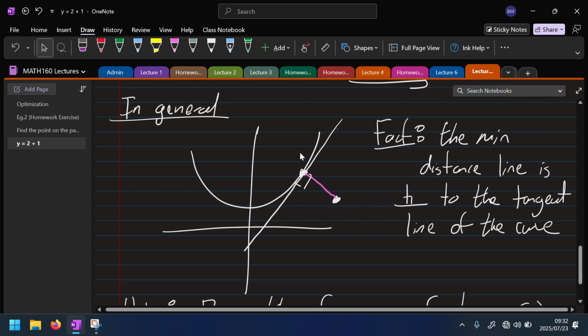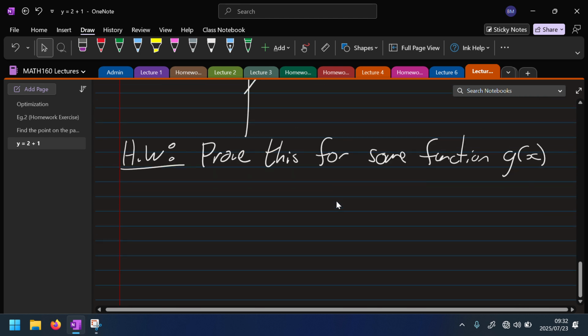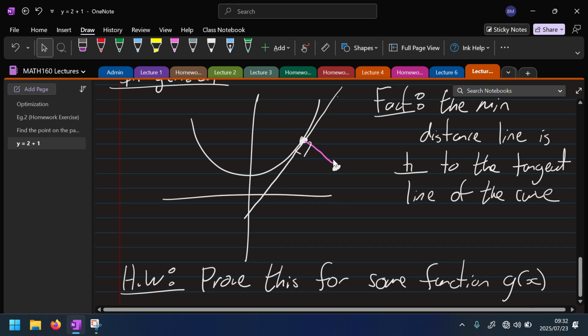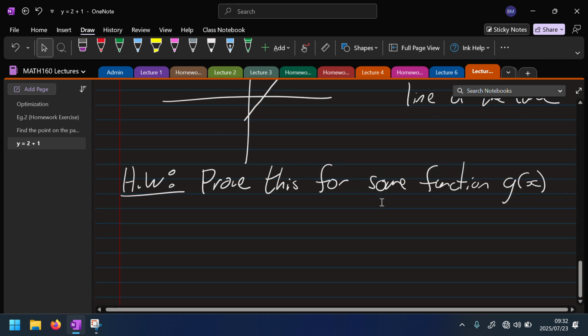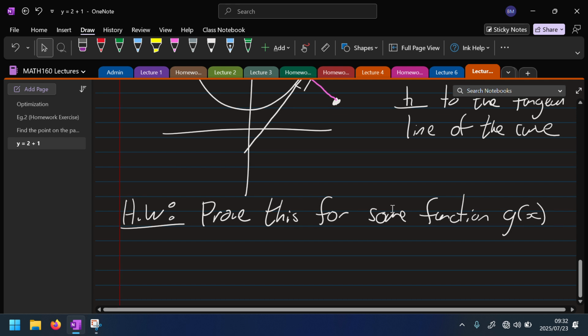So what you're going to do is pick this point, whatever that point might be, and find this line, the minimum distance between some point and the curve g. Then find the tangent to g, g prime, all of that, and then show that they are perpendicular. So you can try that out for homework. Any questions for the homework problem?